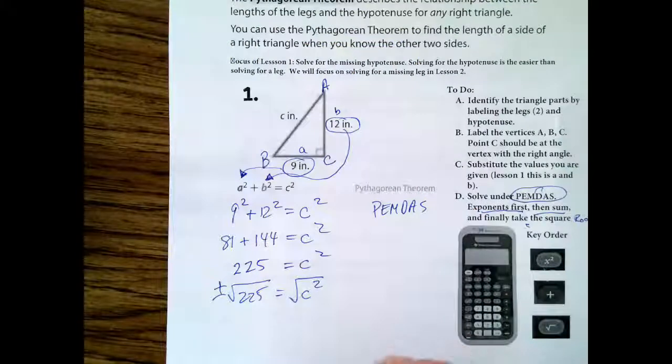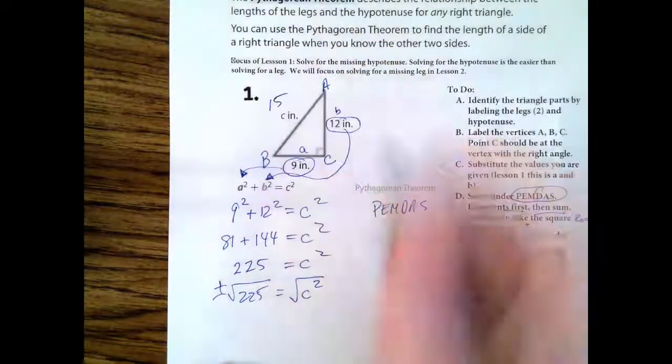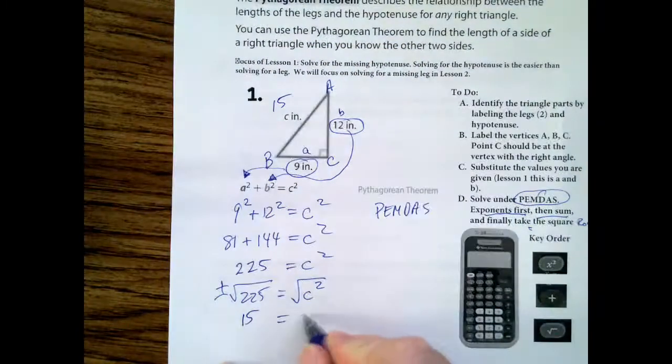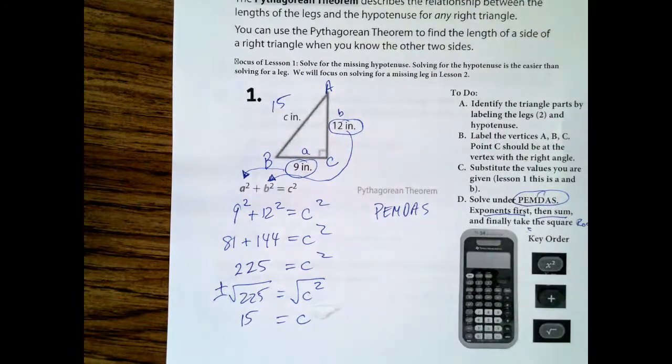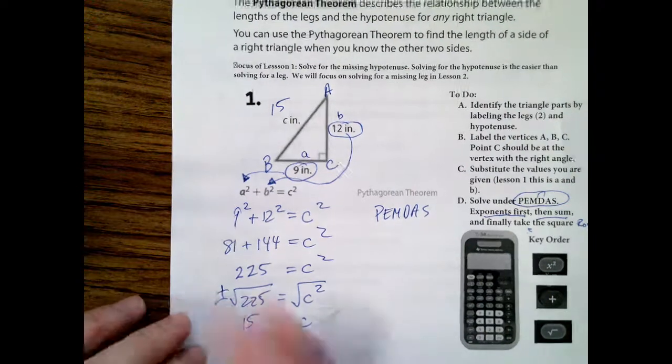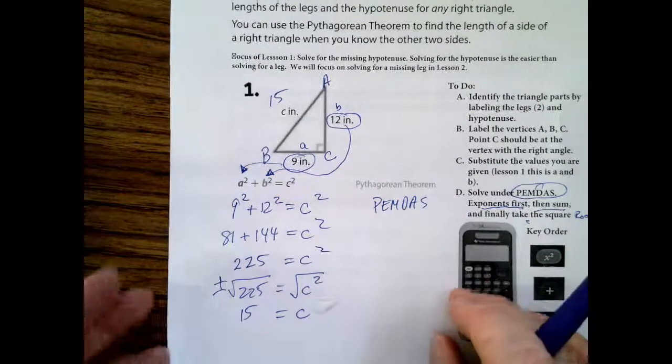It's a Pythagorean triple, 9, 12, 15. 15 equals c, not c squared, just c. The squared's gone now, and we get rid of it. 15 equals c. Perfect. If you get a decimal answer, that's fine. You can round it to the nearest tenth.